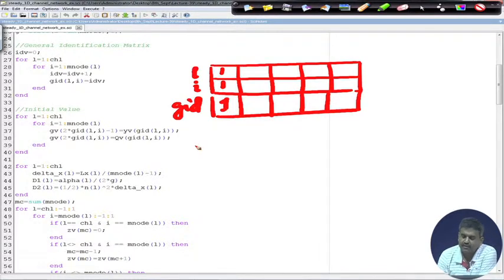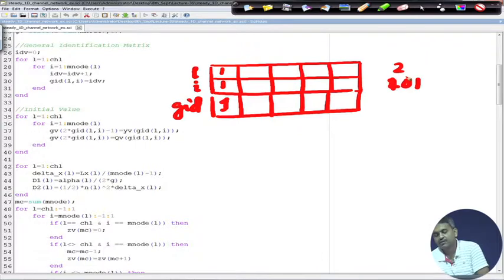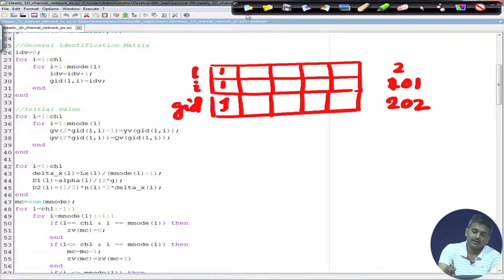In our case, if L equals to 2 and n node equals to 101, that means for the second channel reach and 101 node, my GID should be 202, because I have considered all the nodes or all the sections during this assignment process.